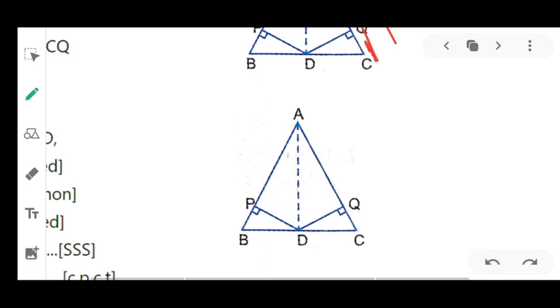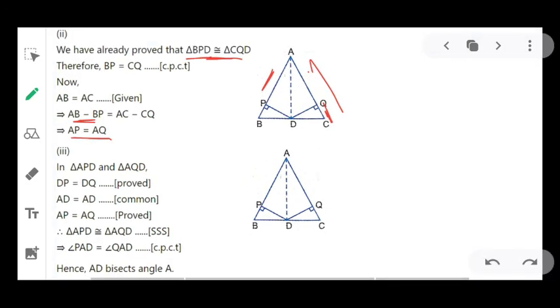So we have to prove these two triangles are congruent. In triangle APD and triangle AQD, we have DP equals DQ, that is already proved. Then AD equals DA, that means AD is common. Then AP equals AQ, it is already proved.